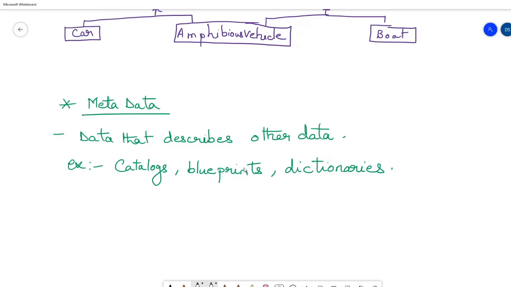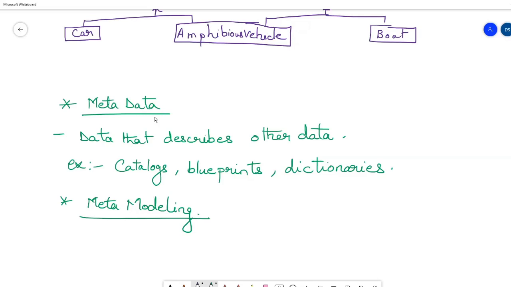Now after metadata we have meta modeling. What is this meta modeling? This is the process of generating a meta model. A meta model is a model which defines the data of some other model.